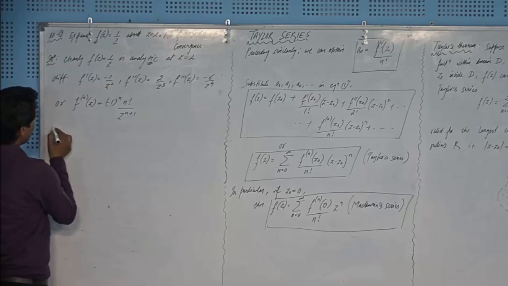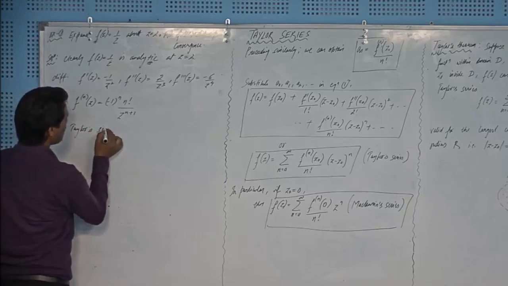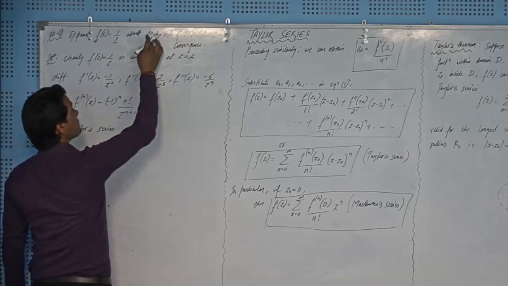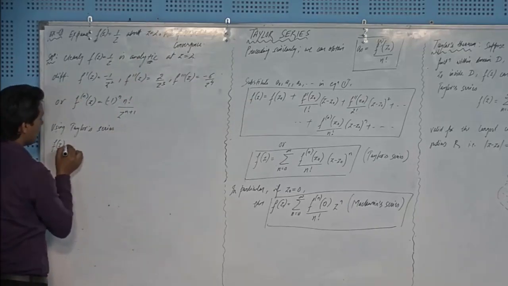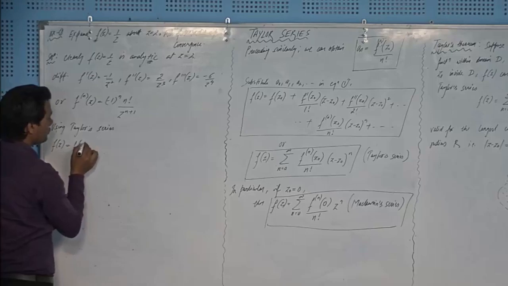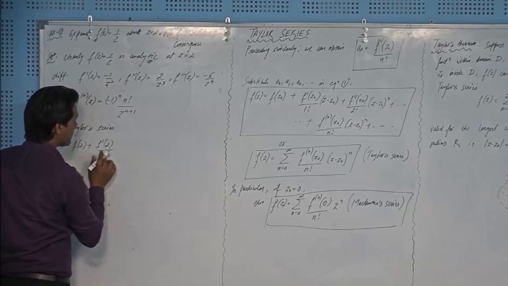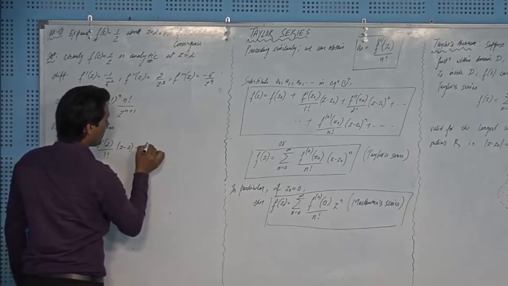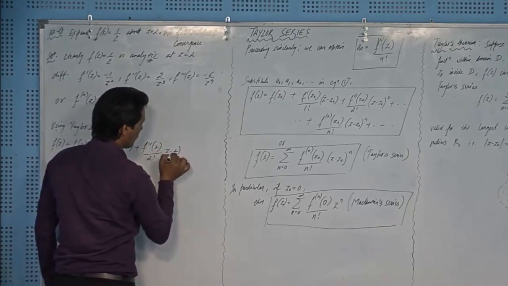So by Taylor series, using Taylor's series centered at this point, z equal to 2, I will plug this z naught equal to 2 in my original formula. I will get f(z) equal to f(2) plus f dash 2 over 1 factorial, and then here we'll have z minus 2, then f double dash 2 over 2 factorial, and z minus 2 whole square.